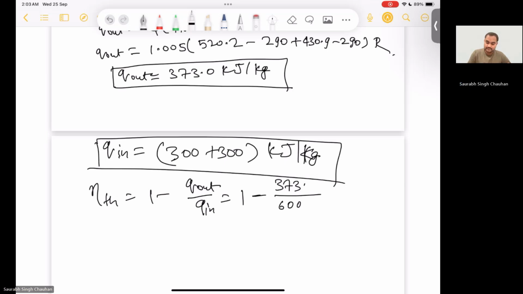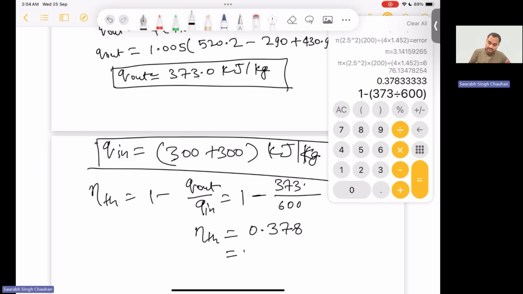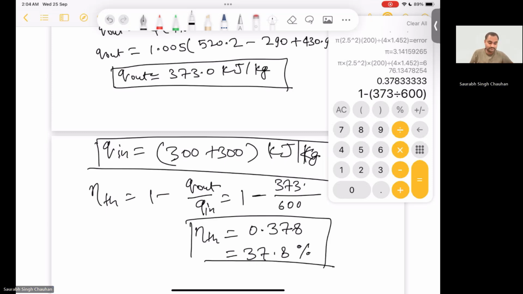So it is coming to be 0.378 or 37.8%. Okay. So this is our answer.